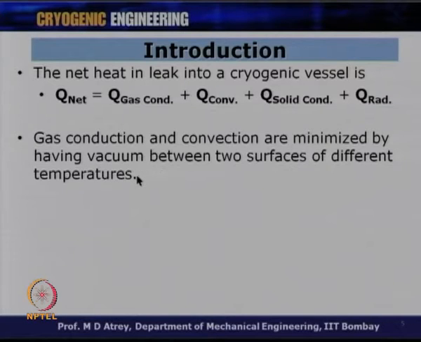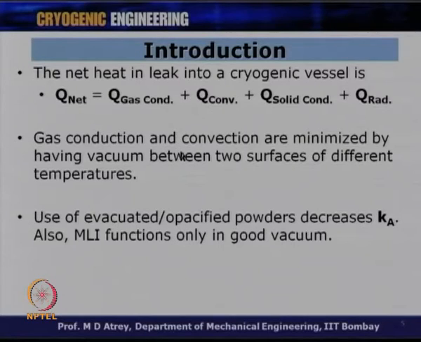So, if I have good vacuum, the first two heat inlets can be completely taken care of. Second thing, we also know that the use of evacuated or opacified powder, which basically uses vacuum, will decrease Ka, the apparent thermal conductivity. And we also know that multilayer insulation takes care of solid conduction as well as Q radiation.